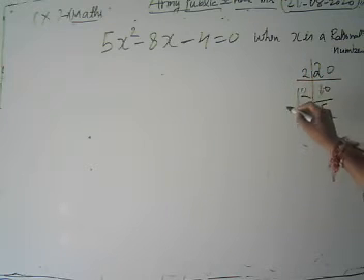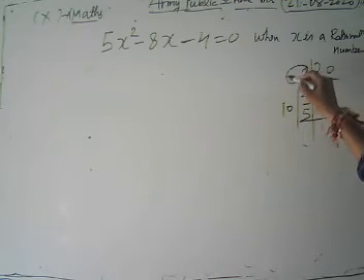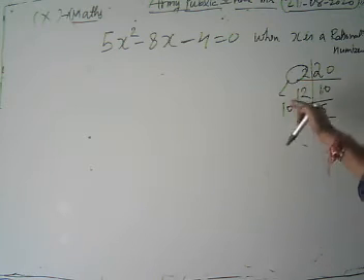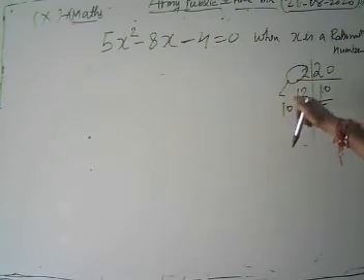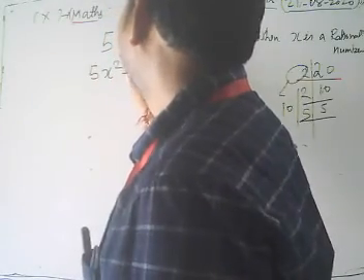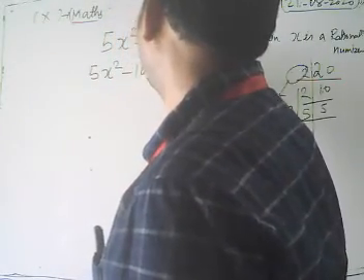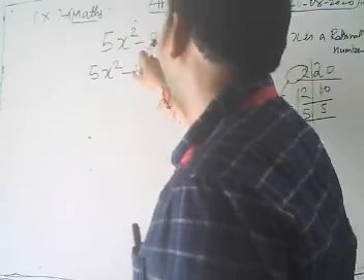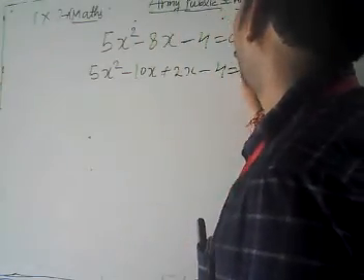It's 10 and 2. The difference of 10 and 2 is 8 and the product is 20. Then we split our 8x as minus 10x plus 2x, so we get 5x square minus 10x plus 2x minus 4 equal to 0.